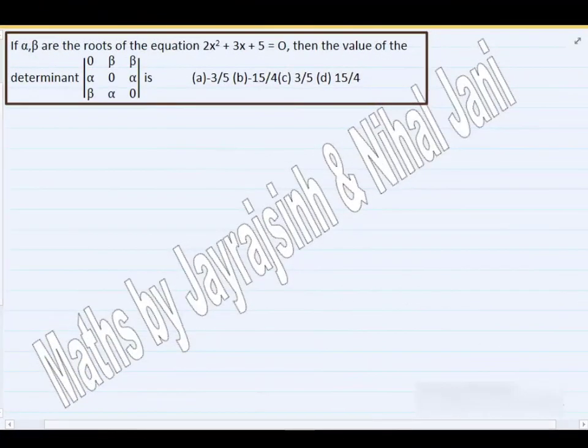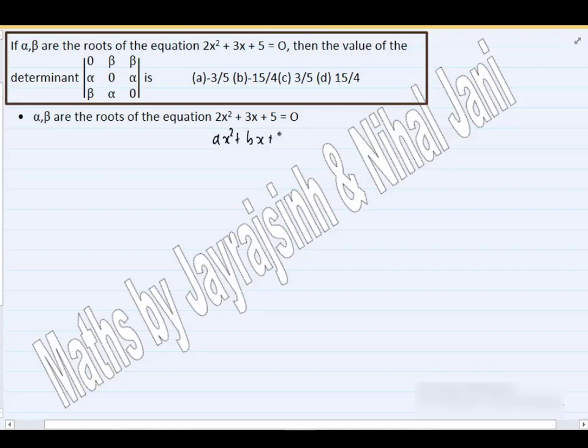Our next question: if alpha, beta are the roots of the equation 2x square plus 3ax plus 5 equal to 0. So here let's compare our quadratic equation with ax square plus bx plus c equal to 0. We will get a is equal to 2, b is equal to 3, and c, which is the constant term, is 5.